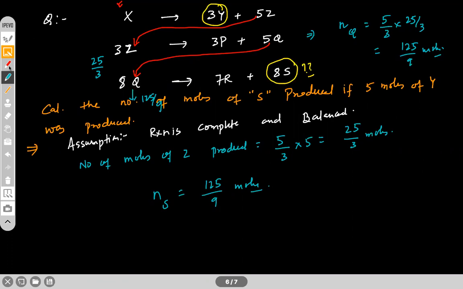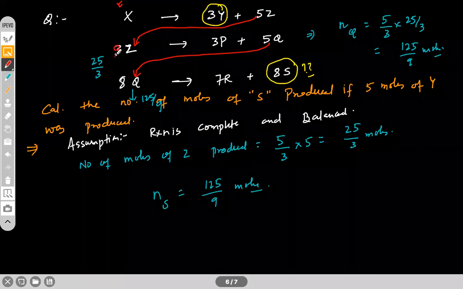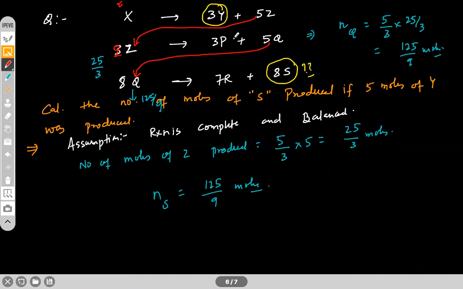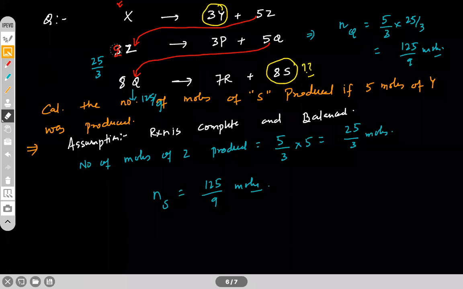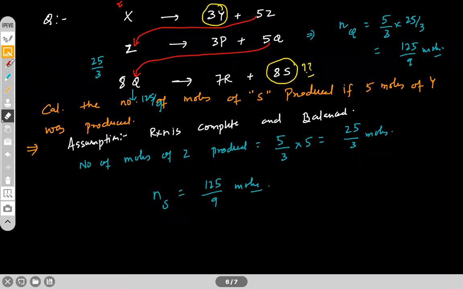Randomly, if you write 2 moles of this gives this, then your answer will be different, because this is a different reaction altogether, since you have changed the stoichiometric coefficient. Got it? Yes, sir.